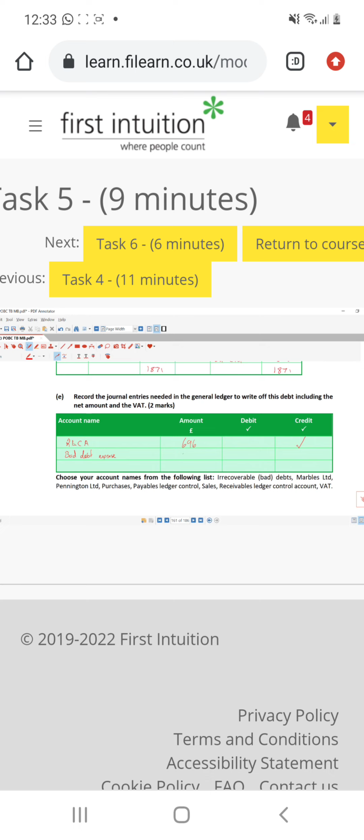And this will be a debit as it's a cost. The remaining amount, to make this journal balance, must therefore be the VAT element of 116. And this too will be a debit to our accounts. And that's it.